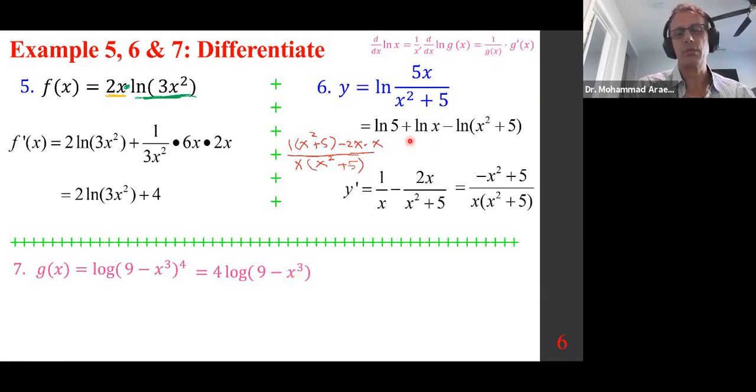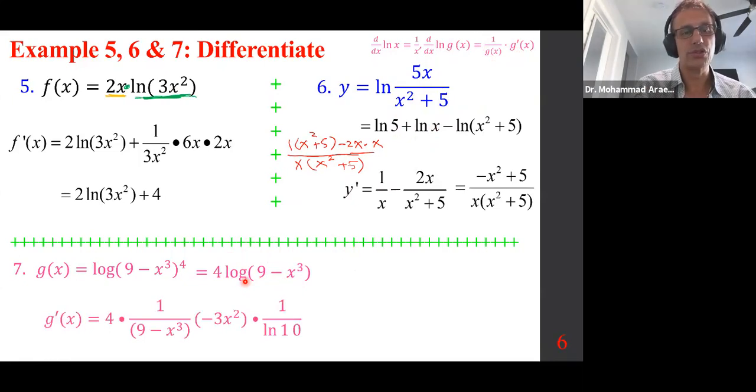Then you need g prime of x, the derivative of the inside, negative 3x squared. Because the base is not e, see this is ln, but this is log, because the base is different, divide by natural log of the base. The base is missing, that means common log, that means the base is 10, divided by ln 10.